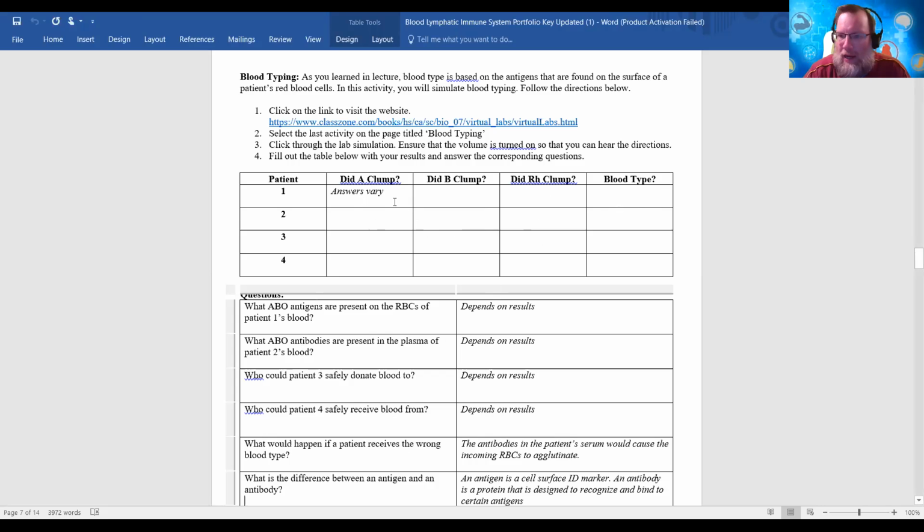Now for letter A, if we put an anti-A with the first one, anti-A means against A. The opposite of that would be pro-B. Anti-A means, in essence, for us right now, pro-B. So if anti-A clumps with one of these, then that person is not that blood type at the very least.